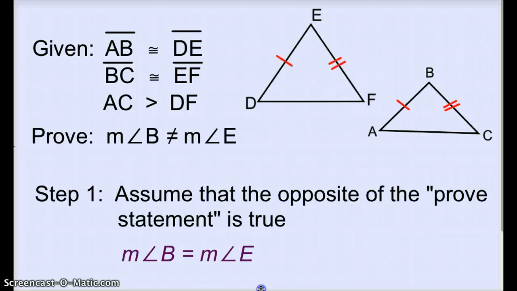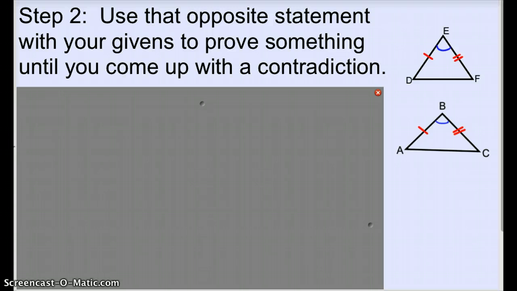Step number 1. Assume temporarily that the opposite of the prove statement is true. So we'd say, assume temporarily that the measure of angle B is equal to the measure of angle E. Step number 2. Use that opposite statement with your givens to prove something until you come up with a contradiction.